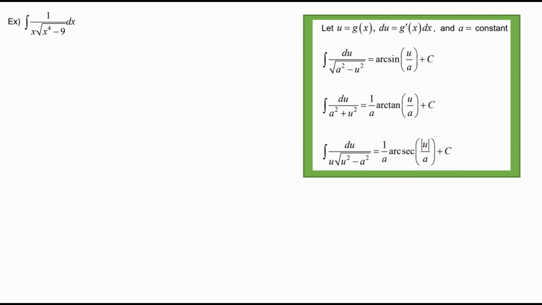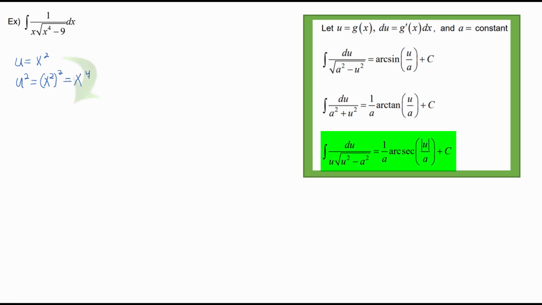So if it is arcsecant, our u has to be x squared, so that u squared becomes x squared square, which is x to the fourth. But then du is going to be equal to 2x dx.